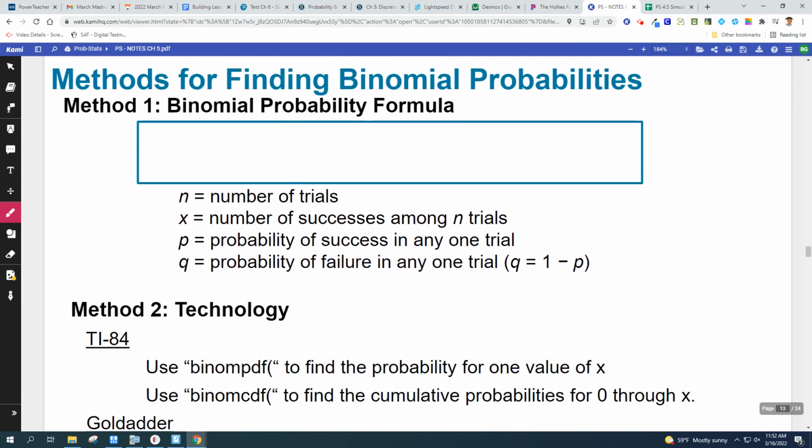Methods for finding binomial probabilities. Method 1 is a formula. And you're not going to like this formula, and honestly, I don't like it either. And then I'll show you an easier formula.